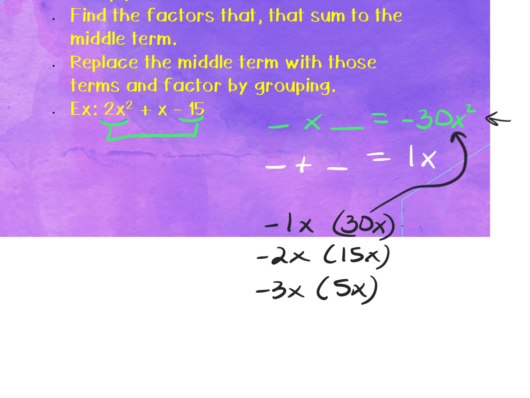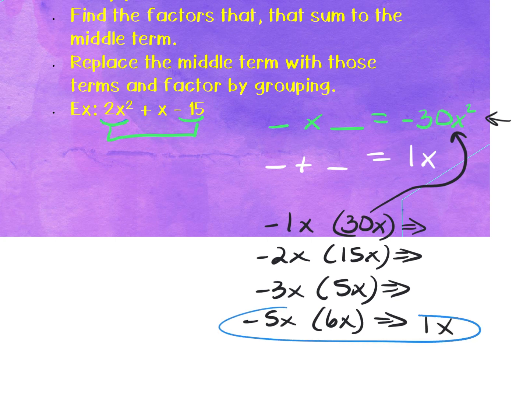But now I'm going to add them to figure out which one is going to give me the middle. And I've missed one. Negative 5x times 6x. Because this is my combination that I needed. Because this one gives me 2x, this one gives me 13x, and this one gives me 29x.